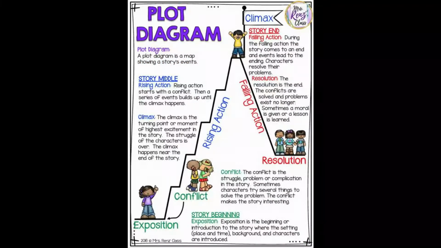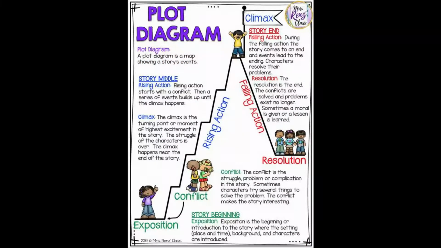Okay, after we have the exposition and we have a general idea and we now know the characters, the more actions happen. All the actions that happen after the exposition, after the beginning of the story, are called rising action. They are rising, they are happening in a logical order. So we call those actions that happen after the exposition rising actions.